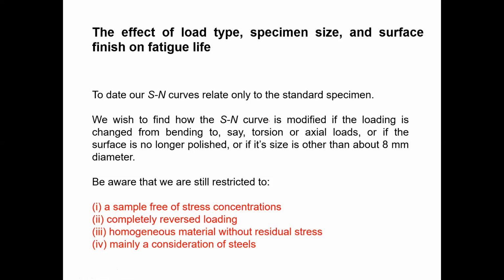That's the meaning of complete reverse. And still we are strict with this assumption: homogeneous material without residual stress. So the material should be homogeneous, without residual stresses. And mainly, as I told you, we are considering that the material is steel.